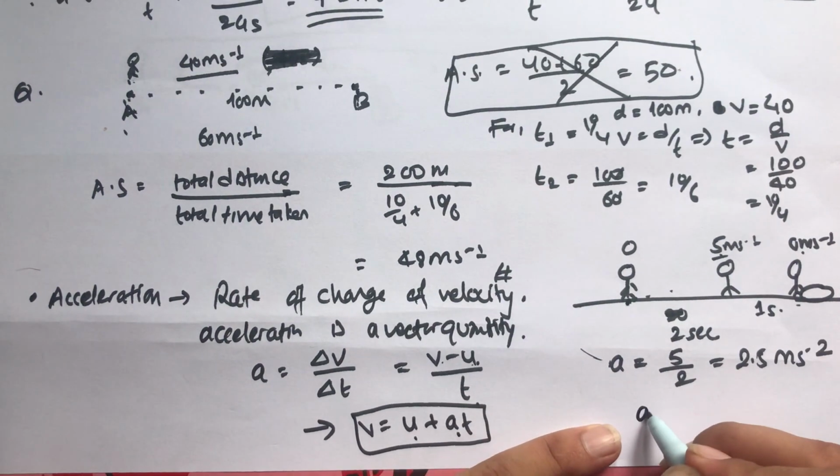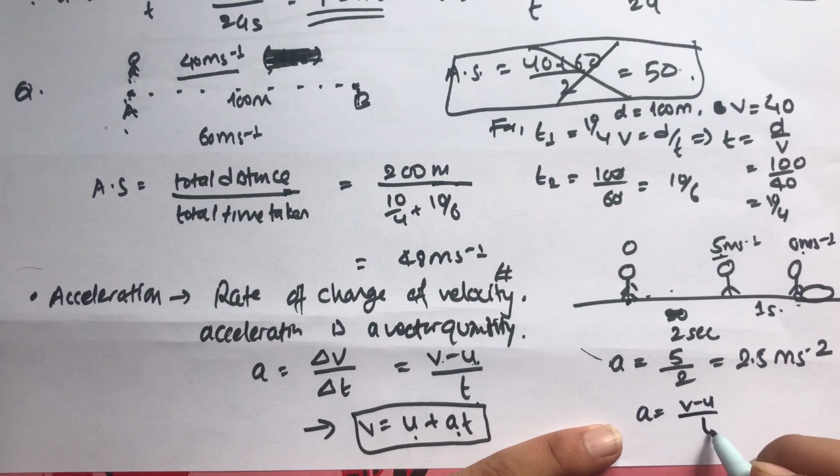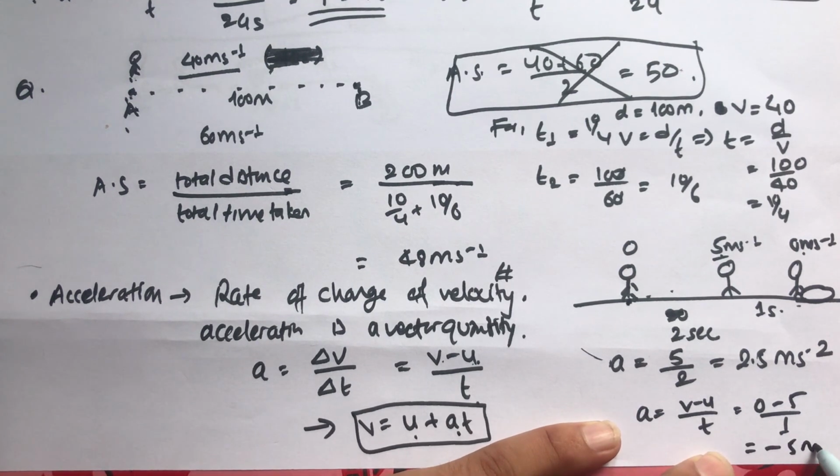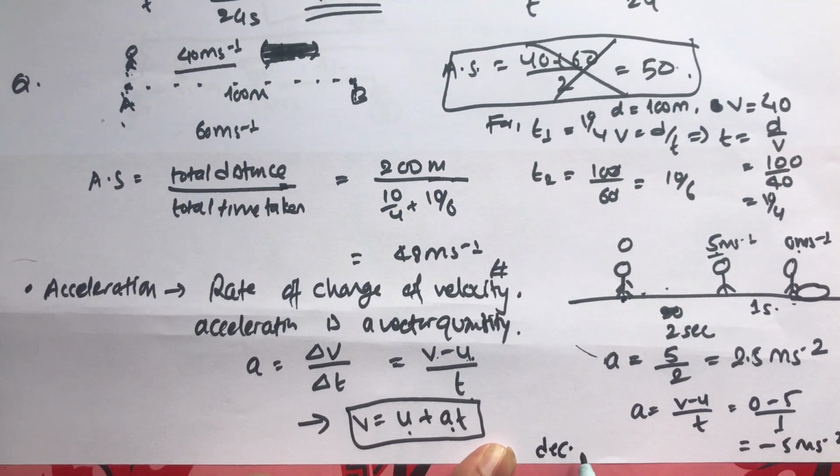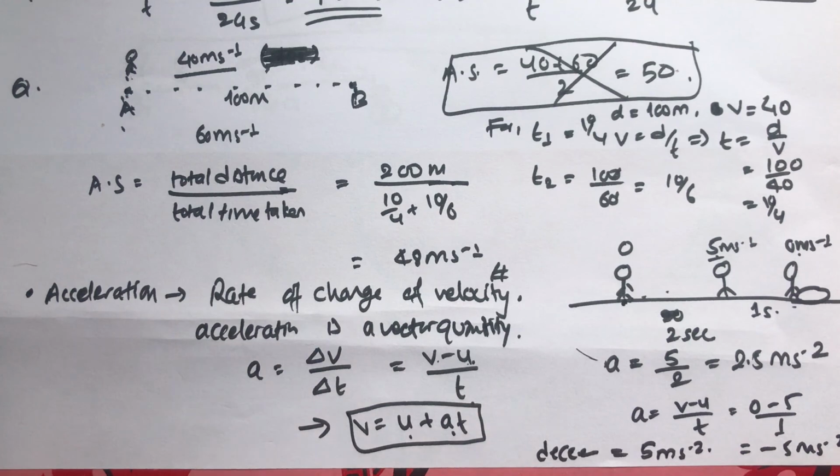So his acceleration will be v minus u by t, which is 0 minus 5 by 1, which will be minus 5 meters per second squared. Acceleration is negative 5 meters per second squared, and his deceleration is 5 meters per second squared. So deceleration is negative acceleration, or retardation.